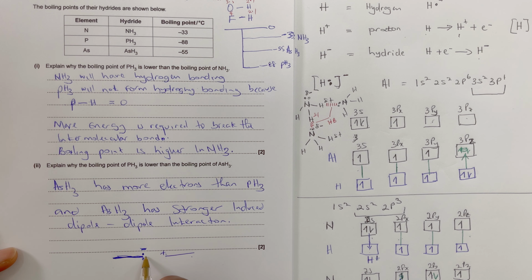This electron will repel any electron here, pushing them away, making this side positive for another molecule. That's what we call an induced dipole. You're creating a dipole by one side of electrons pushing the other electrons to the other side, making this side positive. Because you made that side positive, we call that induced. And that's what the induced dipole is.